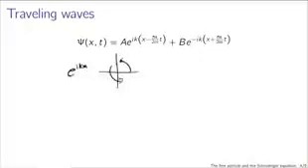It just rotates around in the complex plane. If I look at this as e to the i k times x minus h bar k over 2m t, and I treat this as a function of time, again, we just get rotation in the complex plane, rotation in the other direction.